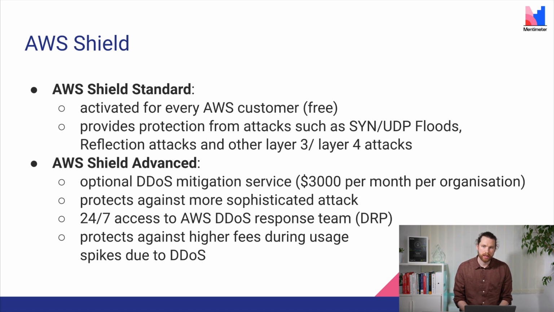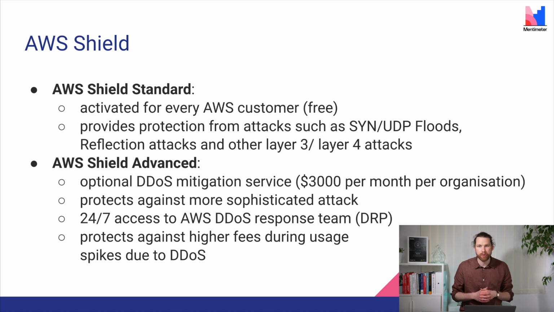So if we register an AWS account, we get this DDoS protection called AWS Shield Standard activated automatically. This is a free service, and it protects us from DDoS attacks.